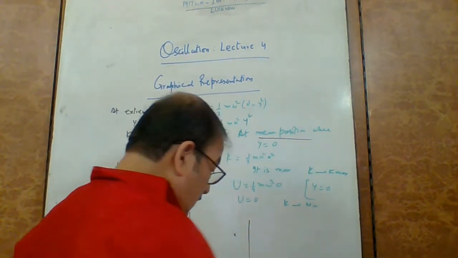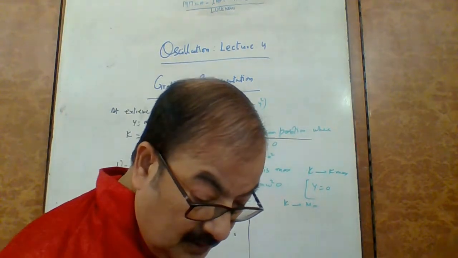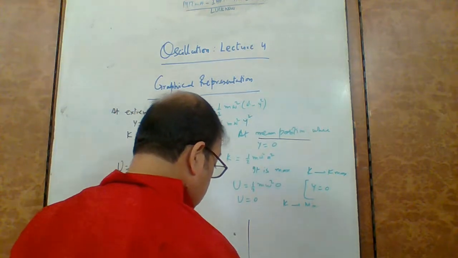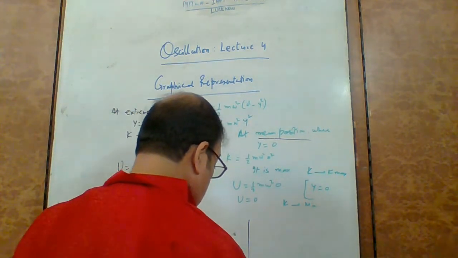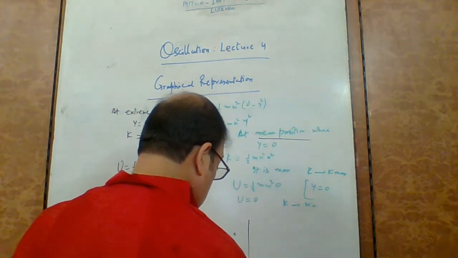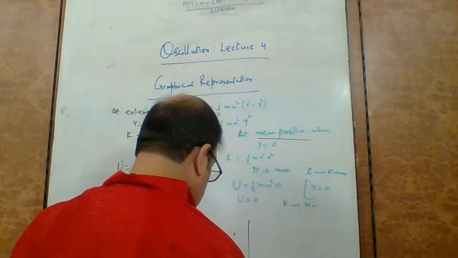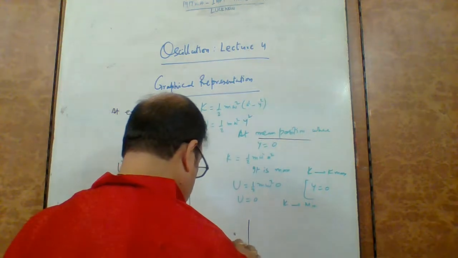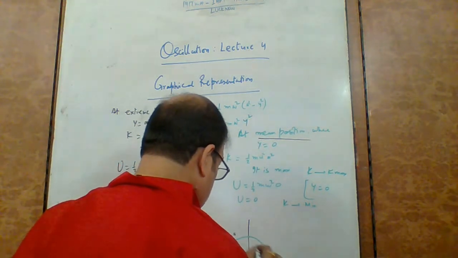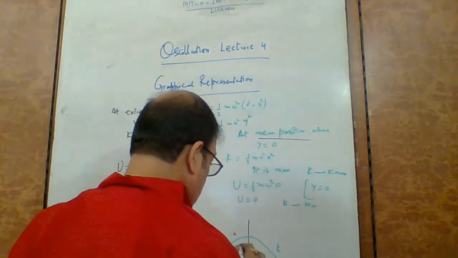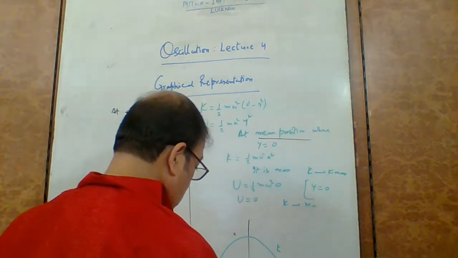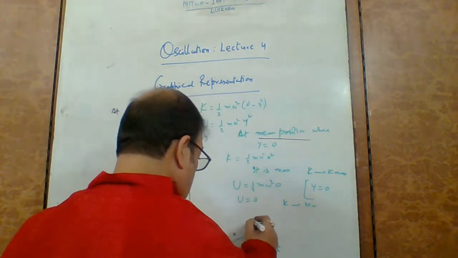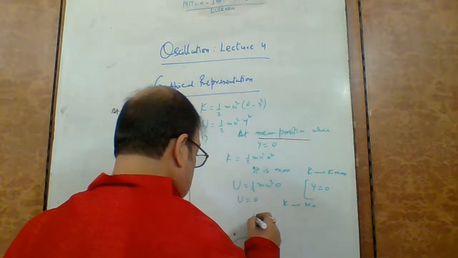We can very easily know that if this is the displacement, maximum here, this is plus a, this is minus a, and we have kinetic energy maximum at the mean position when y equal to 0. Here is y, and here we have the energy.